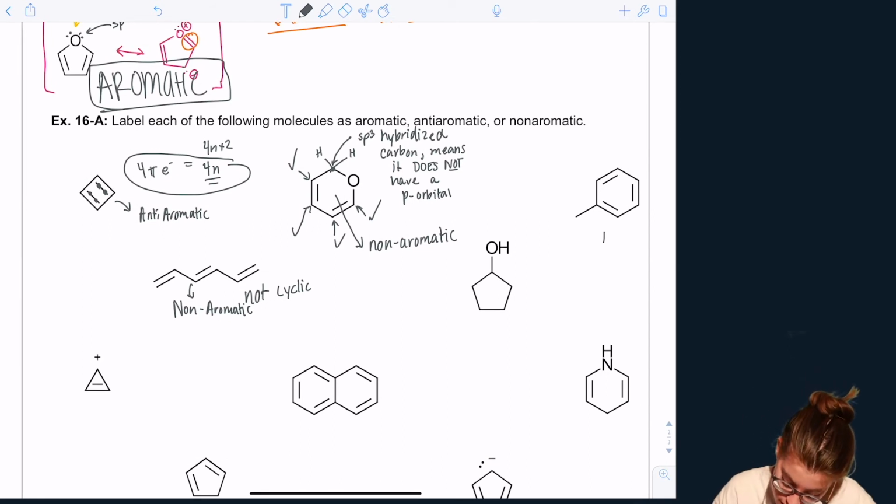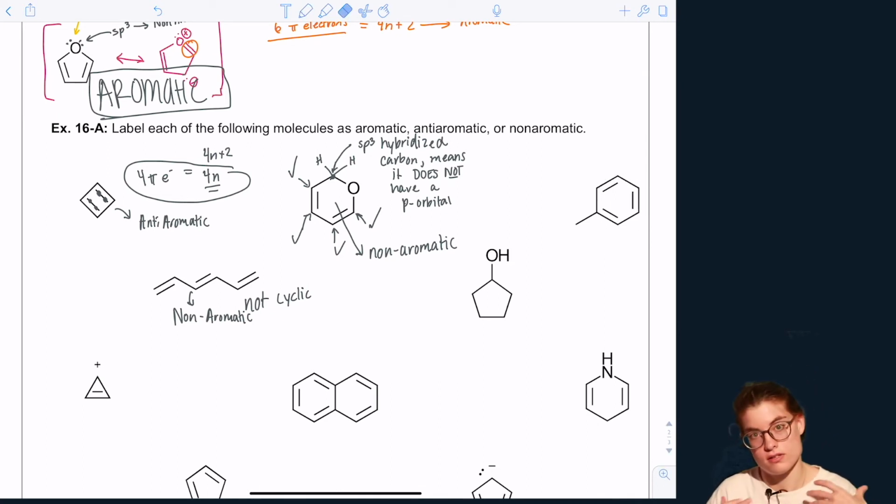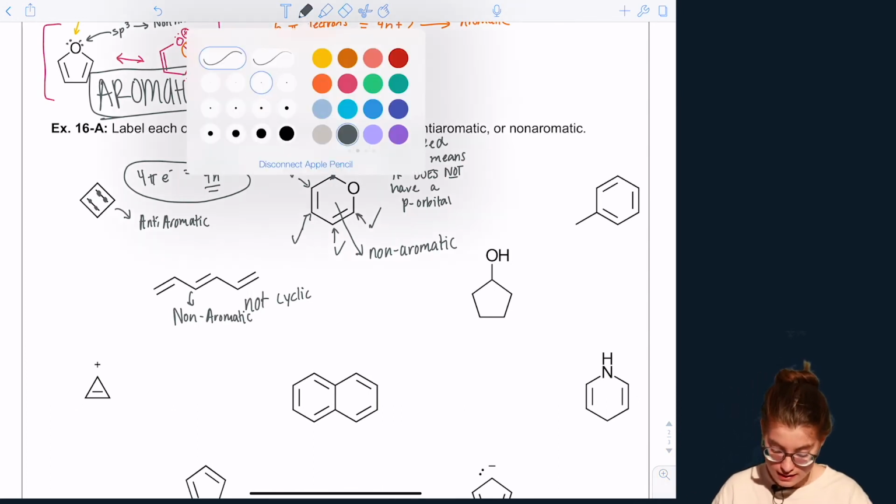So what about this molecule here? Well, is it cyclic? Yes, it is cyclic. Do we have p orbitals at every atom in the ring? Check, check, check, check, check. Yes, and check. Okay, now we have to figure out, is this compound aromatic or anti-aromatic? So let's count up our pi electrons.